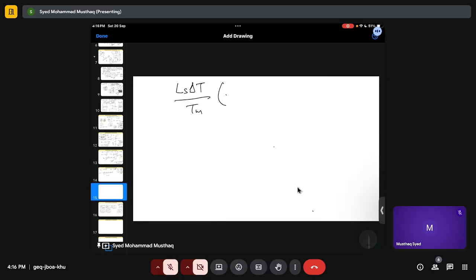So minus 2TR plus R square plus T square. And here you have R minus T whole square gamma S, and Ls delta T upon Tm.